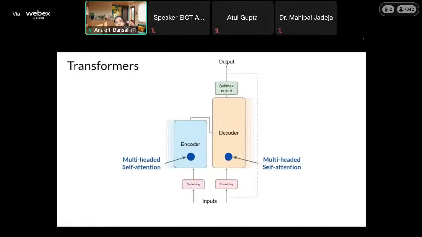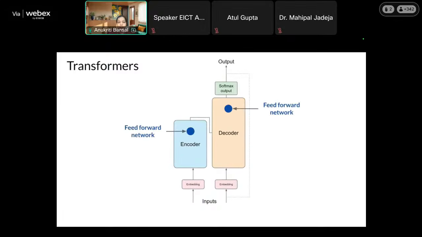Each head, I can say, captures some different attribute of a language. Maybe one head is capturing whether these two are homonyms, another is capturing the relationship between different entities. So different aspects of language can be captured by different heads.